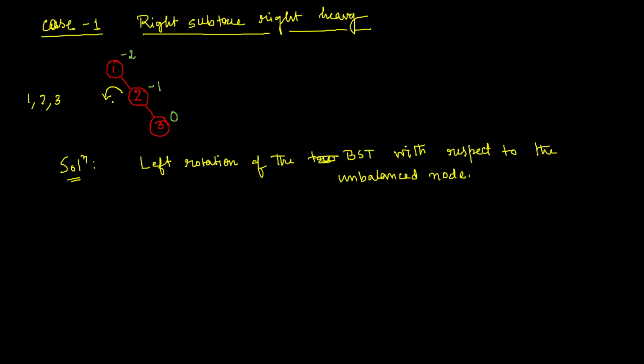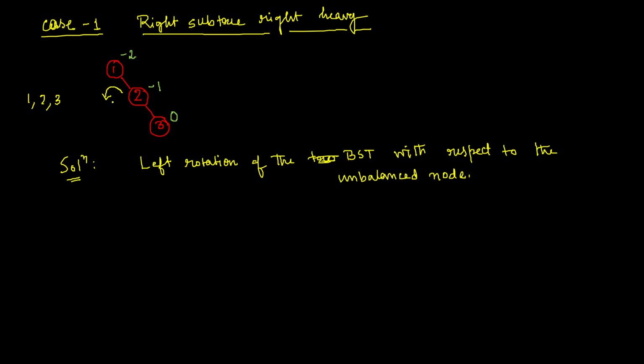Now just assume a situation that they are in a queue and there is a pulley and you want to do a left rotation. What will happen? This one, that is right now at the top, will go downward. What was on the right side of 1 will become the root of the tree, and the right side of 2 will remain what it is right now.